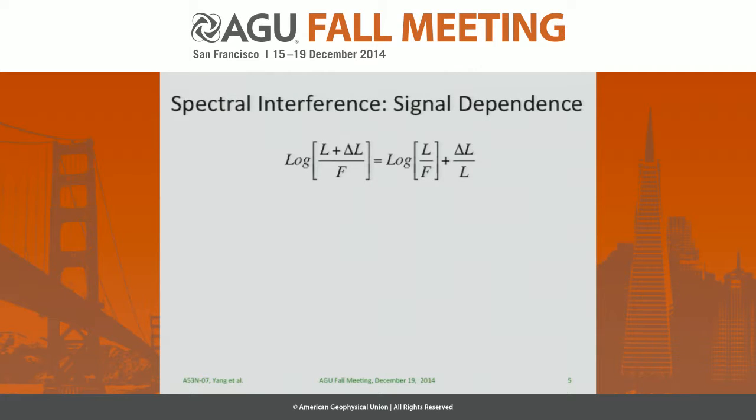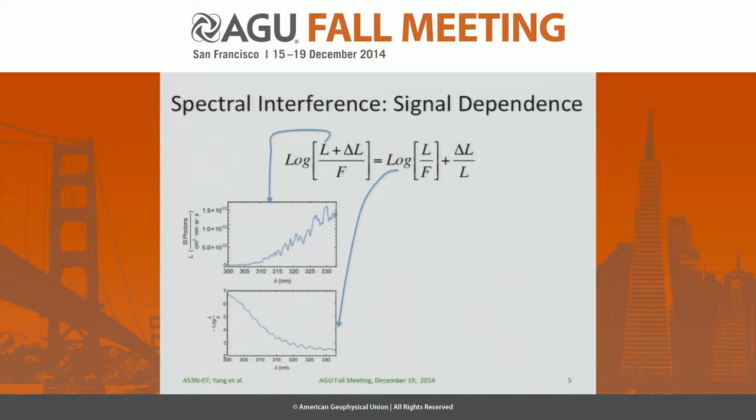With this you can have a simple approximation, and this would be the satellite-measured radiance in number of photons. If you normalize it with the solar flux, you get something like this.